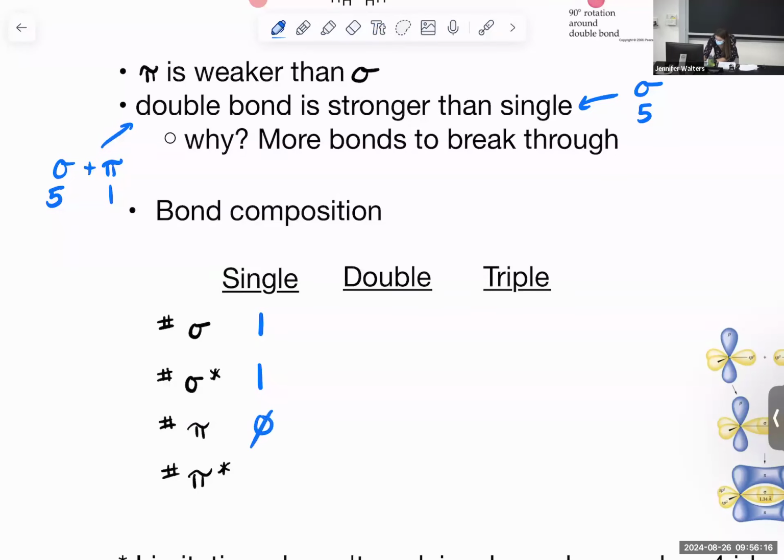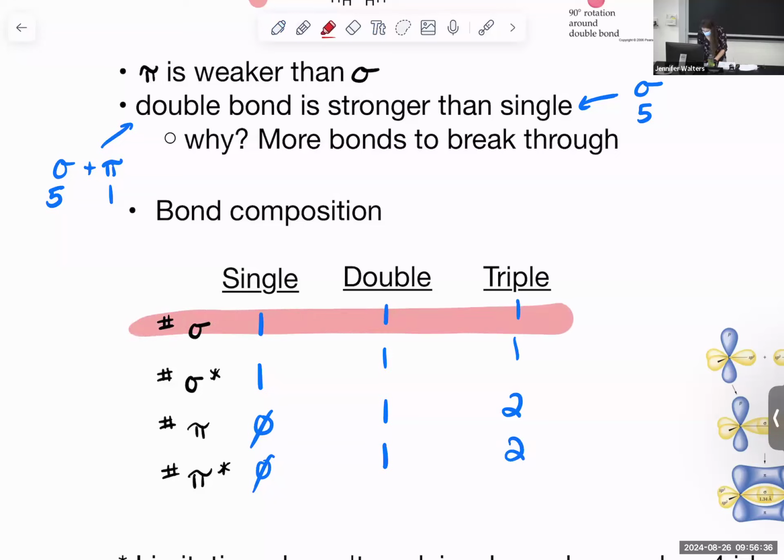We will have 0 pi and 0 pi star. For our double, we will have 1 sigma, therefore 1 sigma star, 1 pi and 1 pi star. For our triple, we have 1 sigma, therefore 1 sigma star, and then 2 pi and 2 pi star.